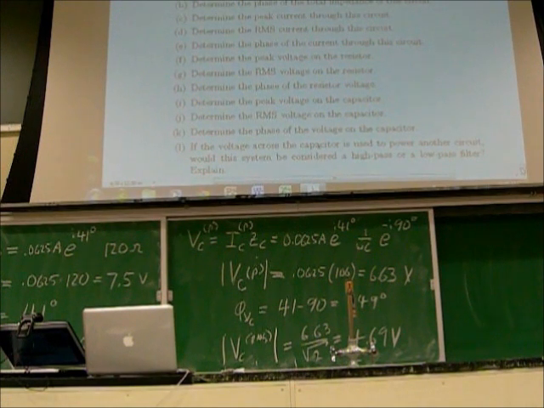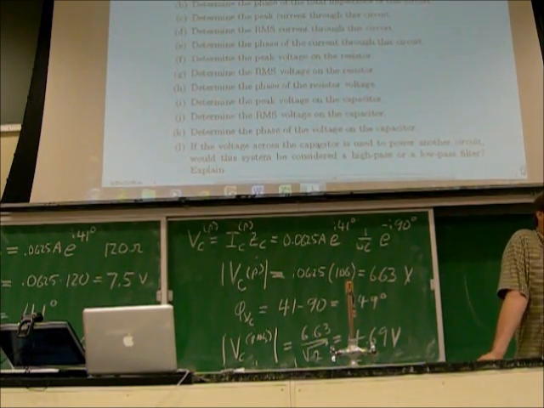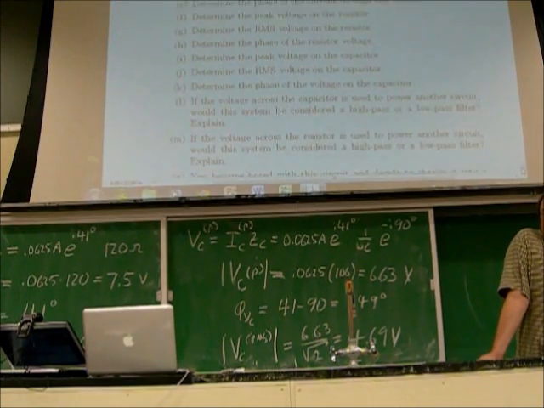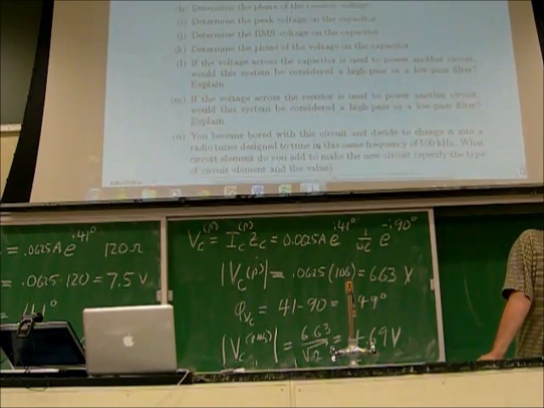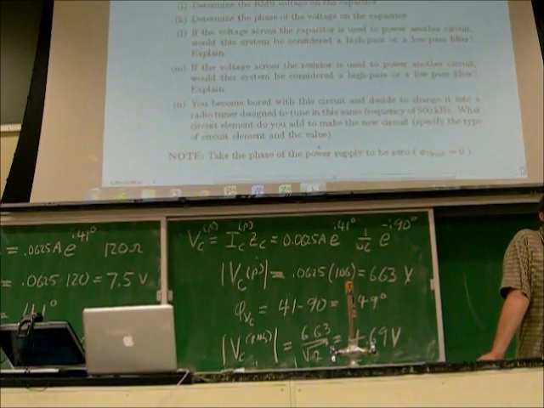Okay. At this point, we've found all possible numerical values. We have found every quantity as a peak, an RMS, and a phase.